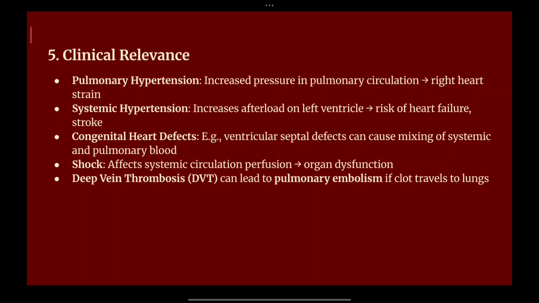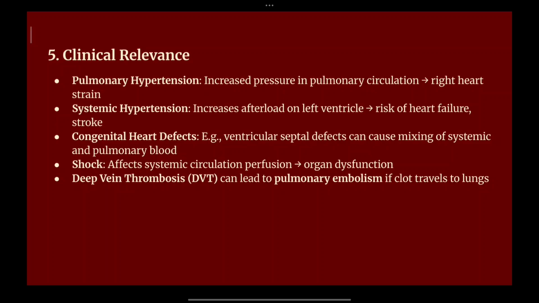Now, deep vein thrombosis or DVT is a common thing that is observed in ICUs or in surgical patients. It can lead to pulmonary embolism if the clot travels to the lungs. If there is no exercise or movement in the human body, there is a cause of clot. The clot formation is observed in the blood vascular system.